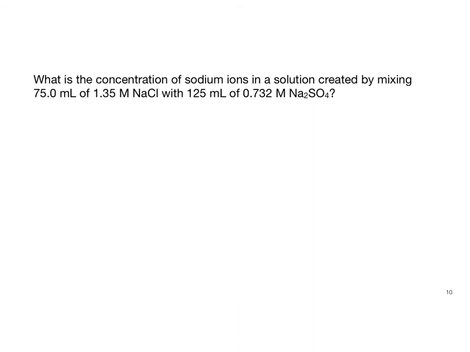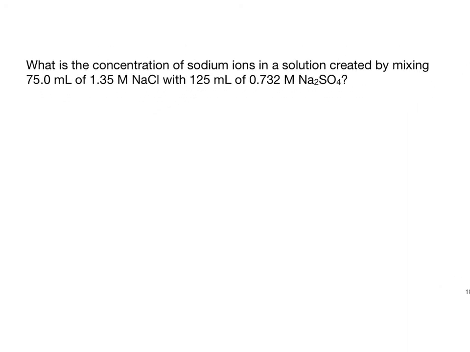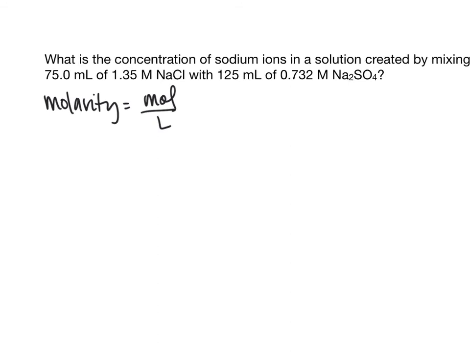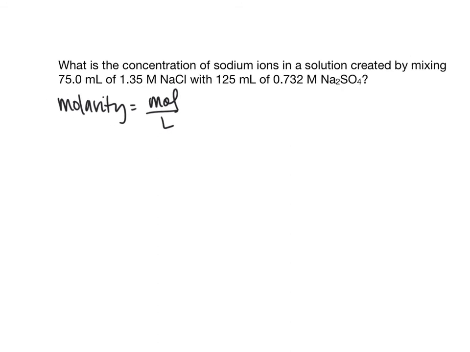So now we're going to combine all of the things that we need. The plan here is we want to figure out the molarity, which is equal to moles divided by liters, of the total solution. So we mix two solutions.